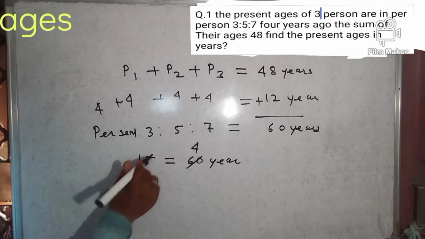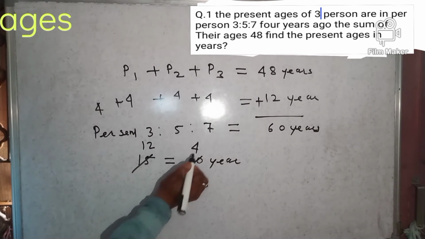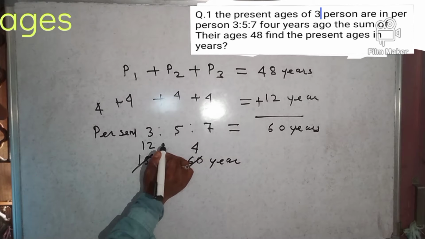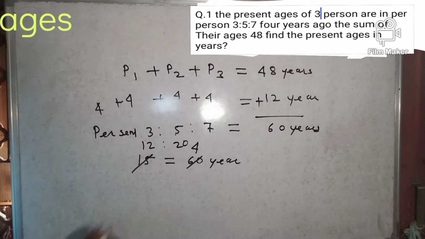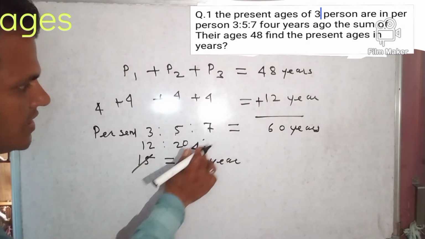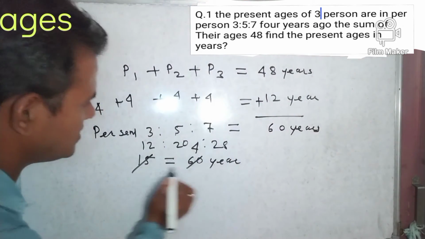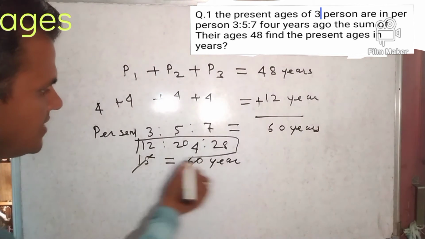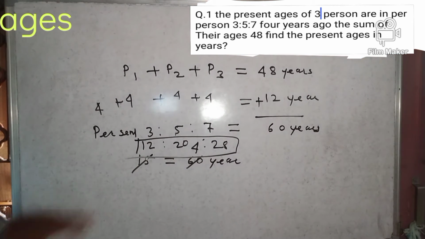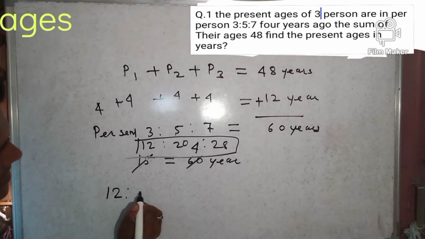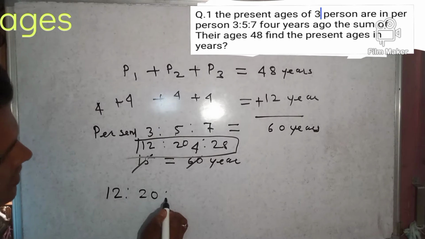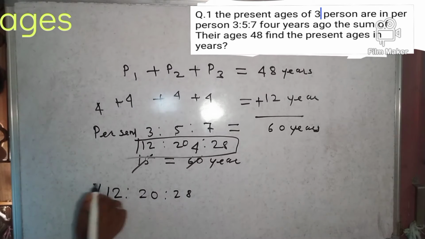So 4 into 3 is 12, 4 into 5 is 20, and 4 into 7 is 28. So the present ages of the persons are 12, 20 and 28. This is the correct answer, right? 12, 20 and 28.